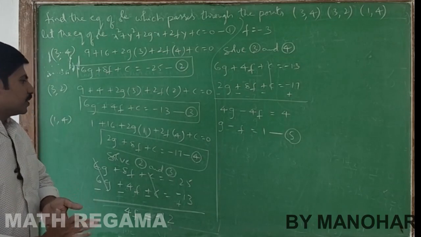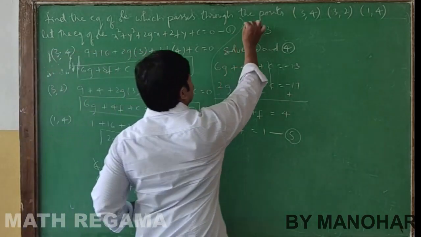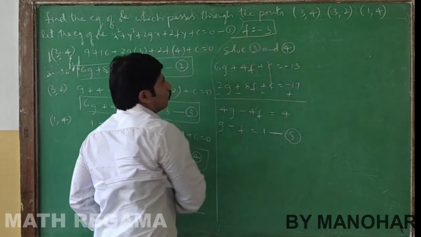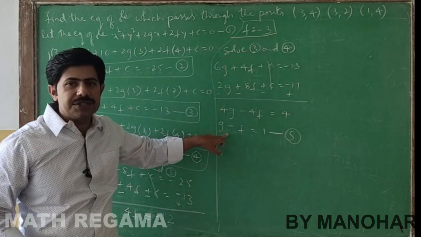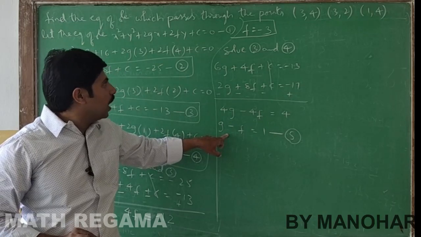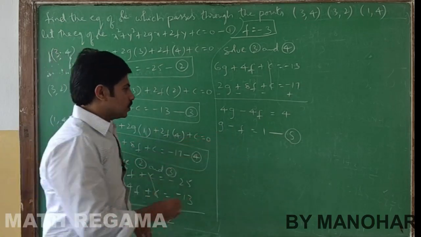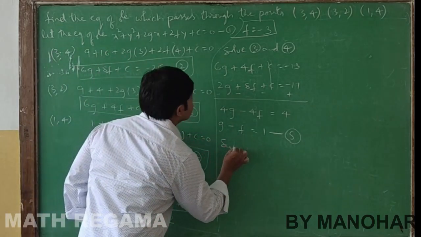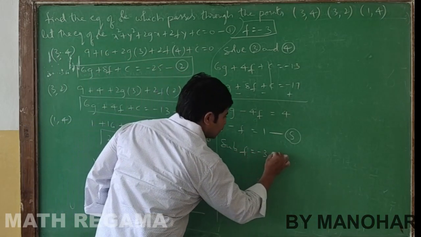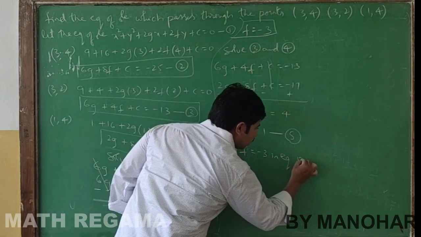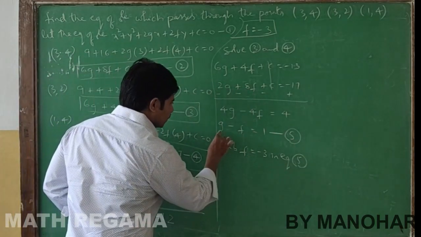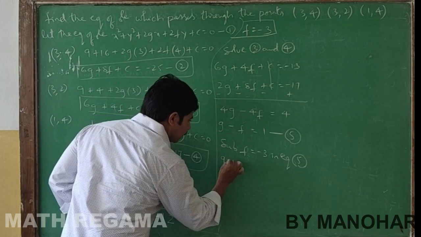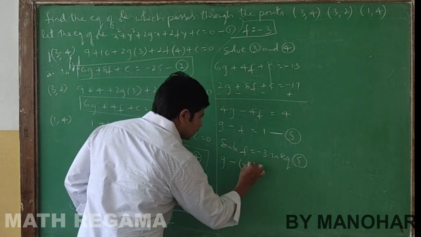Now we have to do this: we already have the f value. What is f equal to? Minus 3. I will substitute f is equal to minus 3 in equation 5 so that I will get the value of g. So g, as it is, minus f value, minus 3.